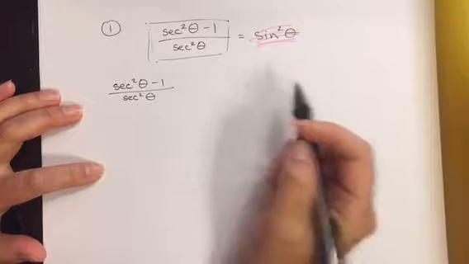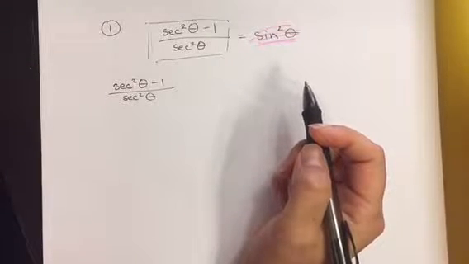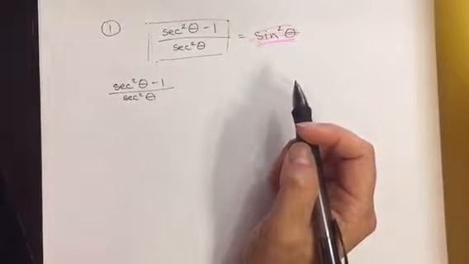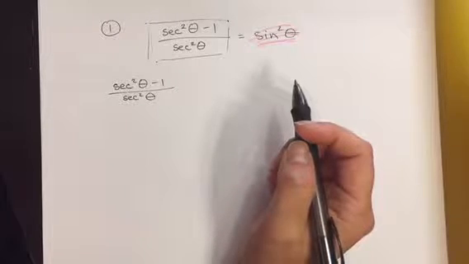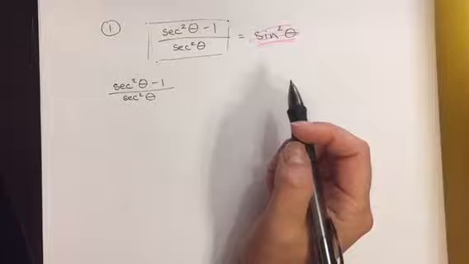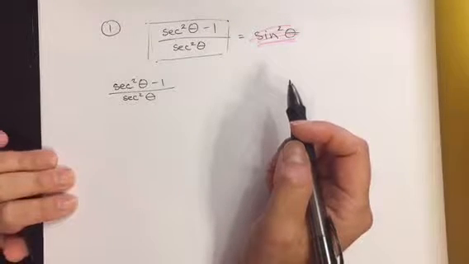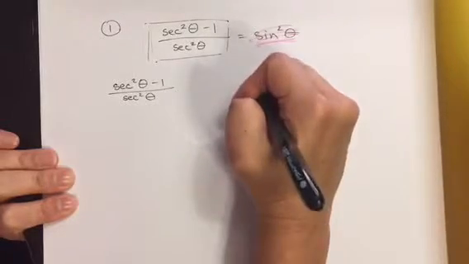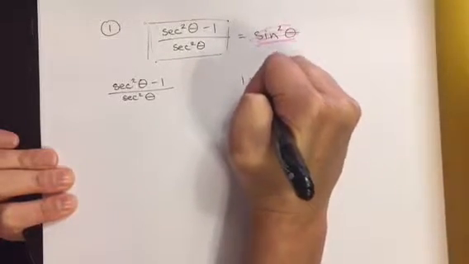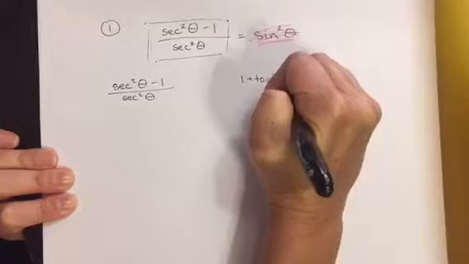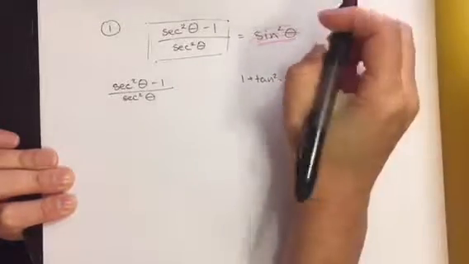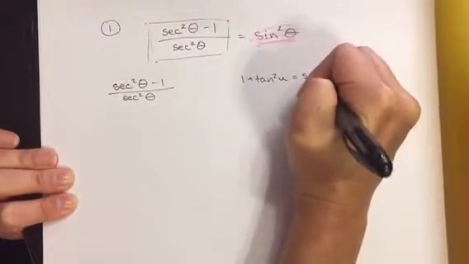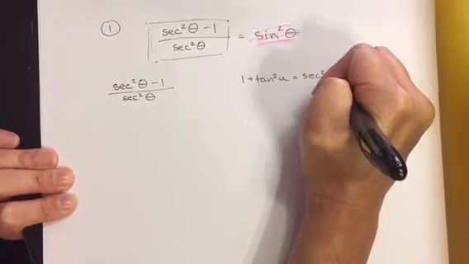All right. So the first thing that I need to do is look at my table of trig identities and see if there are any of them that I can use. And the one that really kind of stands out is the Pythagorean identity. So the Pythagorean identity, 1 plus tangent squared u, which is going to be theta in this case, equals secant squared u.